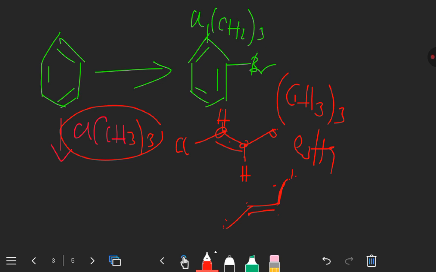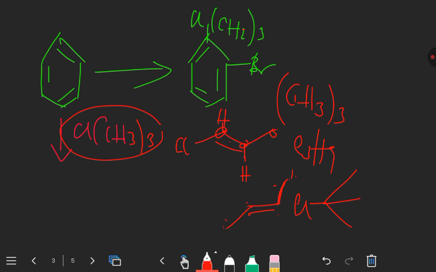Okay, so this is just a group which is on top there, which we are trying to draw in a skeleton. So it is just a chloride, then bonded to 3 methyl. Okay, so it's just something of this kind.